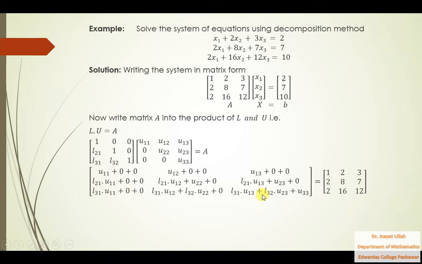Now we need to compare these two matrices. How could we compare them? Two matrices are said to be equal if the corresponding entries are equal. What does it mean?